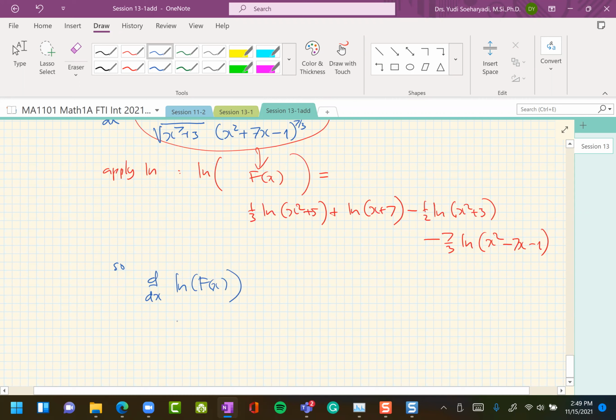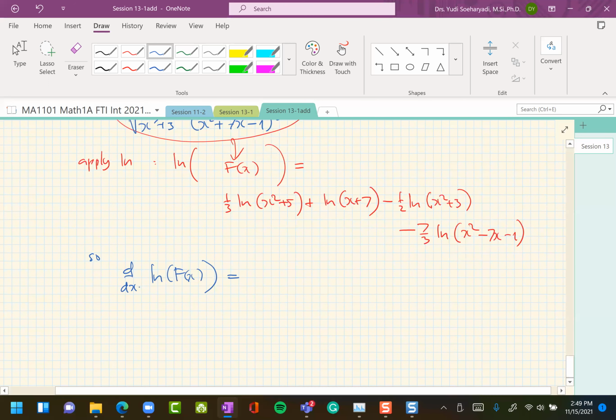Okay. By the formula for ln and the chain rule, this is 1 over f of x times the derivative of that.